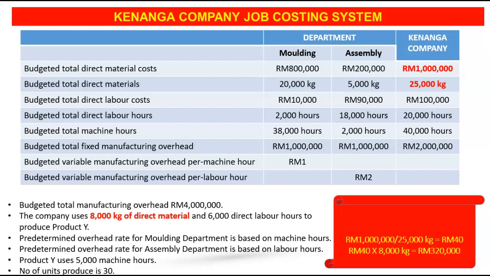So the direct material cost per kilogram is 1 million ringgit divided by 25,000 kilogram, you get RM40 per kilogram. From the information given, we know that the company uses 8,000 kilogram of direct material to produce product Y. So, the direct material cost for the product is RM40 times 8,000 kilogram, you get RM320,000.